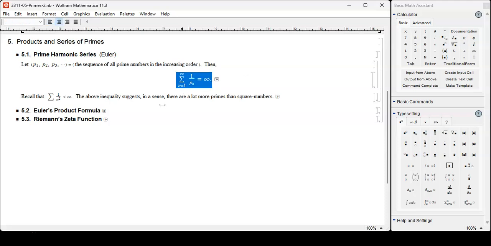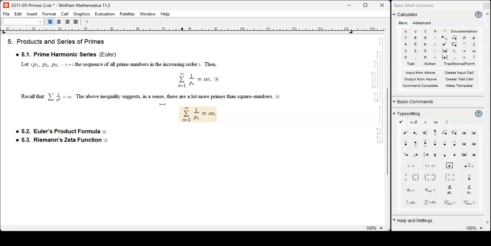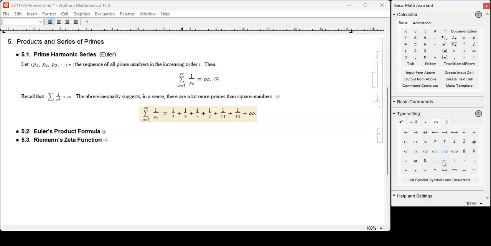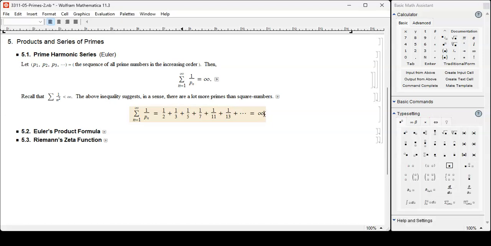Basically, we are talking about this: 1/2 plus 1/3 plus 1/5 plus 1/7 plus 1/11. Okay, that's enough. That's what this theorem is all about.